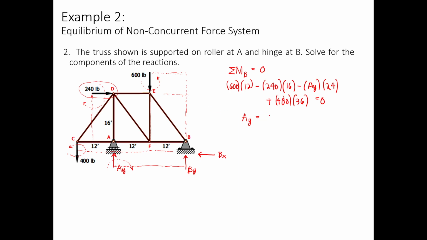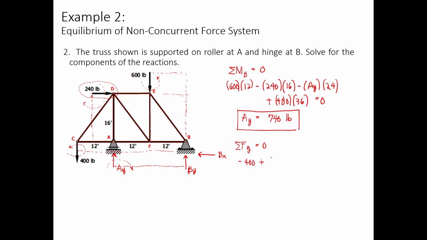Okay, so A sub y is 740 pounds. To solve for the other vertical force, By, and Bx, we're going to use summation of forces vertical, or sum of Fy is equal to 0. So 400 going down is negative 400.